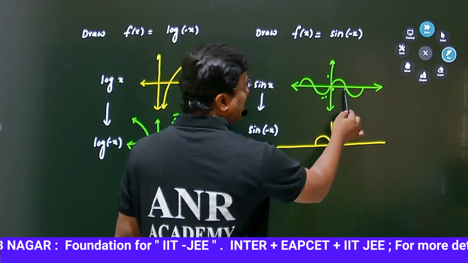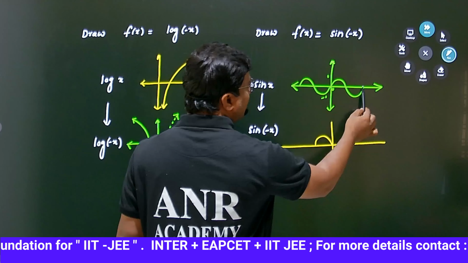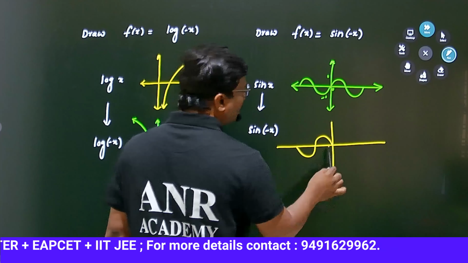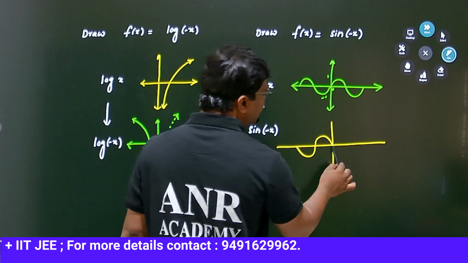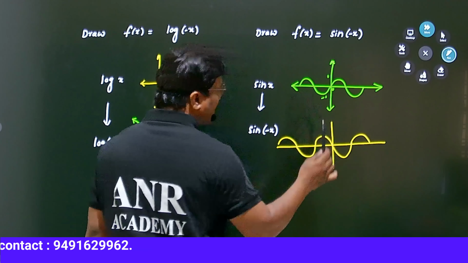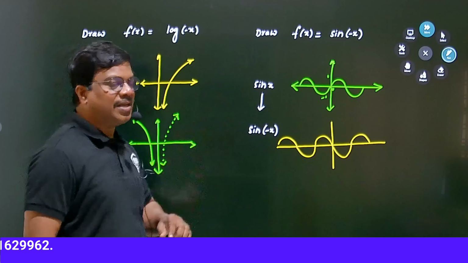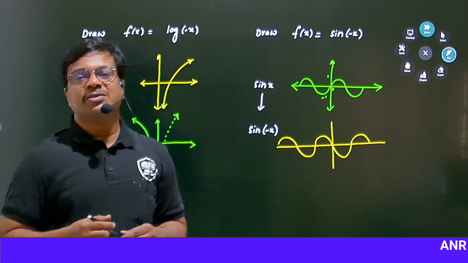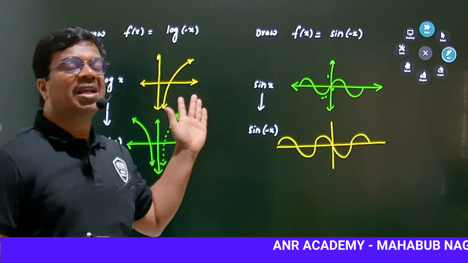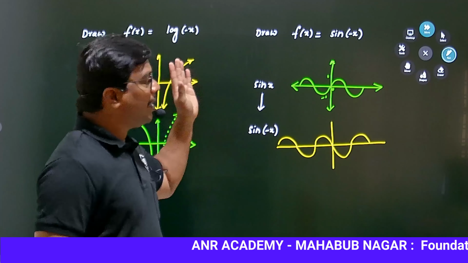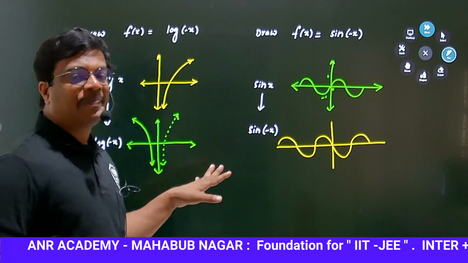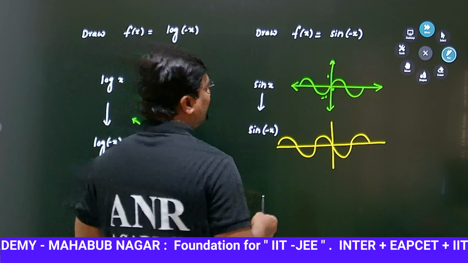Next, the graph which is in the fourth quadrant, symmetric about the y-axis, goes here. The same wave continues, so you will get the graph in this way. This is the graph of sine of minus x. Without substituting values of x, if you directly draw a symmetric figure about the y-axis, you will reach the graph of f of minus x. So this is the way of drawing f of minus x.